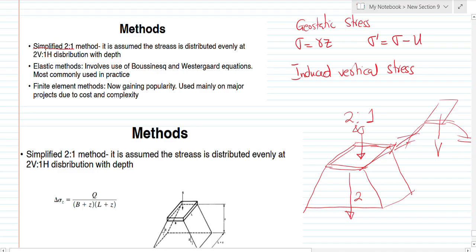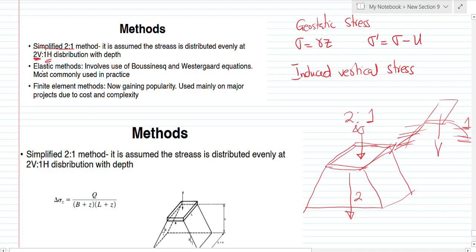So when the soil moves in the lateral direction, that is the one, and it will move in the vertical direction as two. So it is assumed that the stress is distributed evenly at a 2:1 distribution, meaning that when the stress acts, it is going to cause the soil to move downwards by a factor of 2, then laterally by a factor of what?